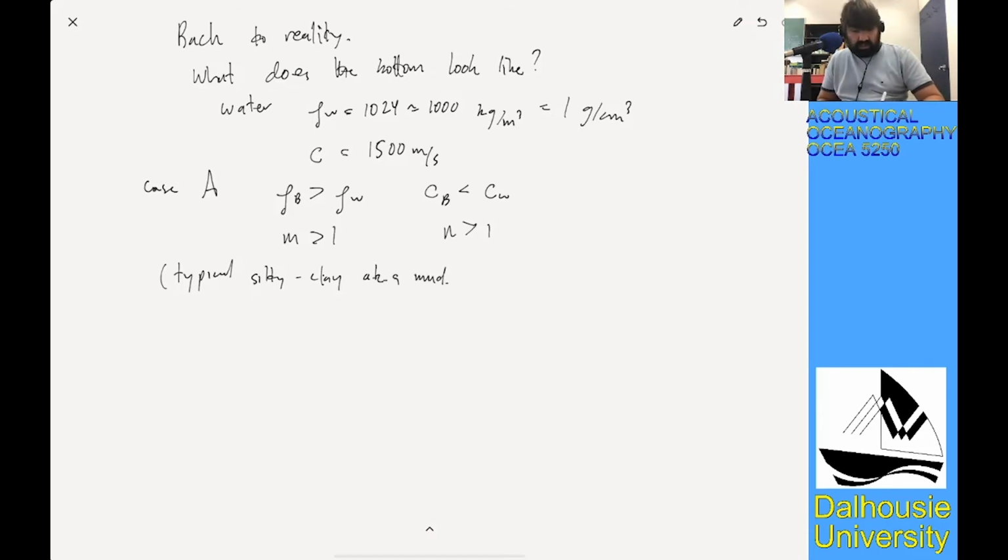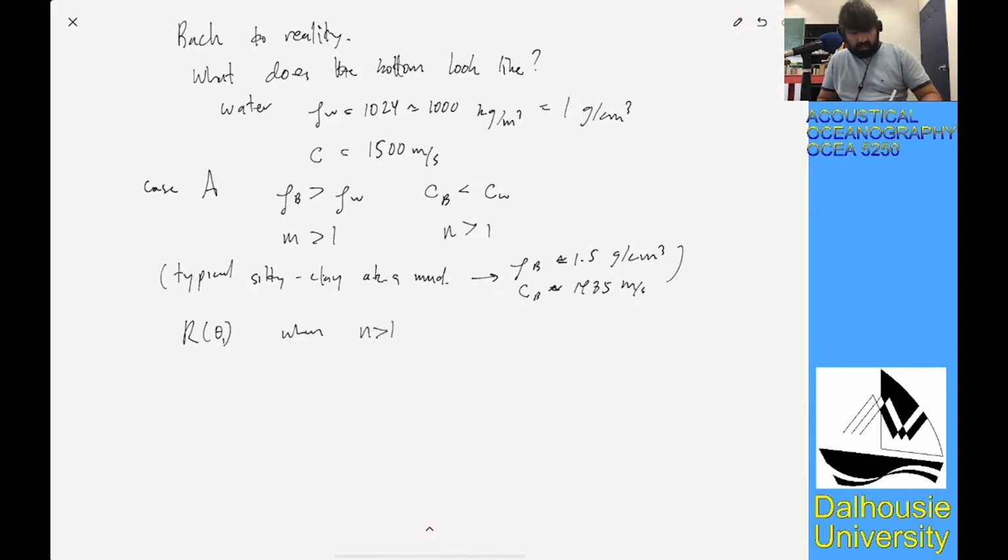The density in mud is about 1.5 grams per centimeter cubed, and the sound speed in mud can be 1475, let's say. Very approximately, but in general, sound speed in mud is less than in water. Density is more.